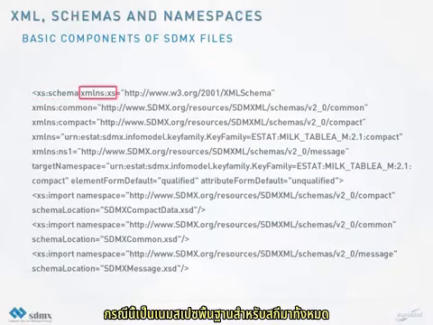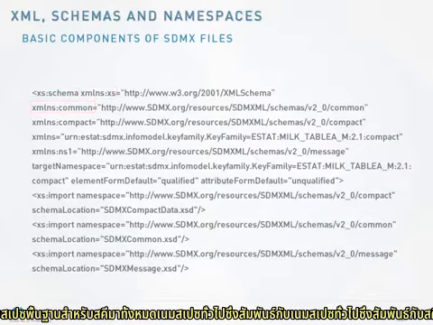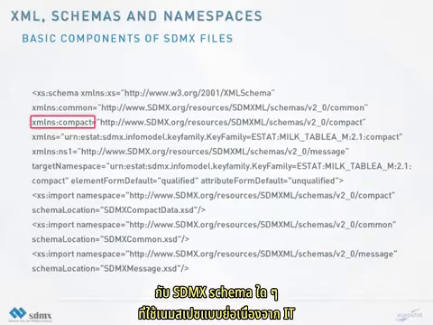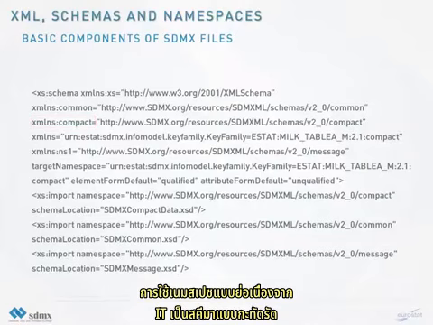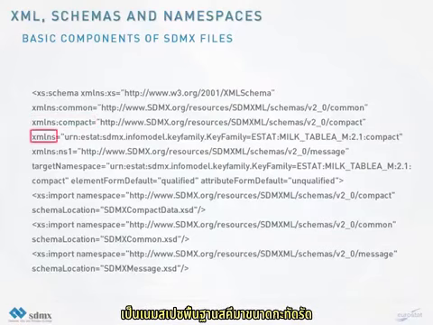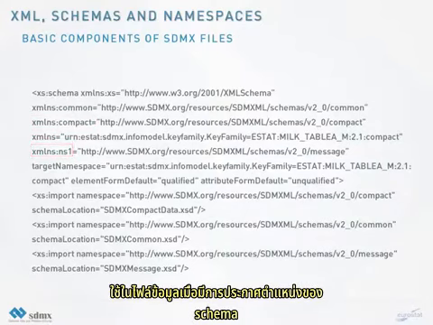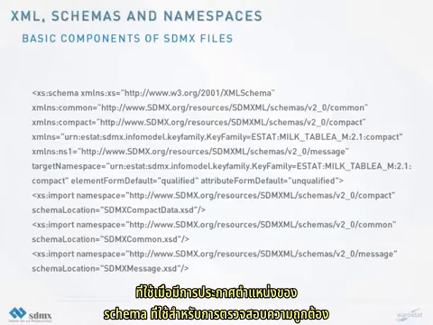The basic namespace for all the schemas, the namespace common, which is relative to any SDMX schema, the use of compact namespace because it is a compact schema, the basic namespace, and finally, the one used in the data file when the location of the schema used for validation is declared.